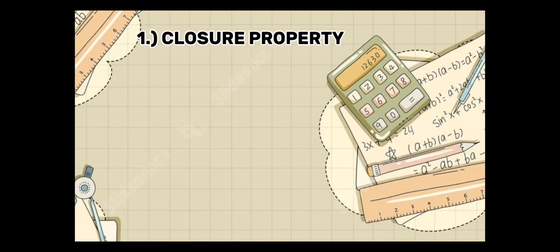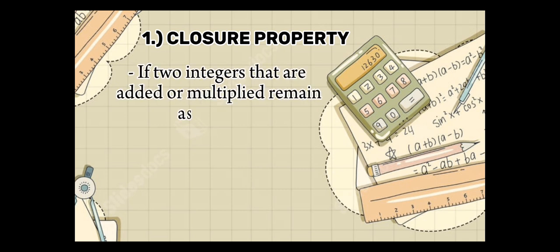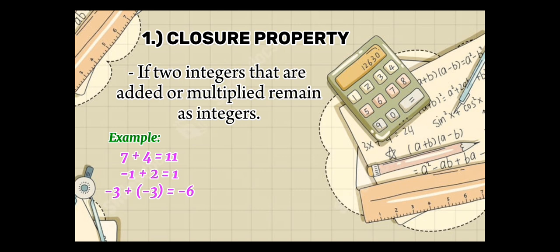Number 1 is closure property. Closure property means that two integers that are added or multiplied remain as integers. So it is closure property if you add or multiply two numbers, the answer is always another integer. For example, 7 plus 4 equals 11. Negative 1 plus 2 equals 1.